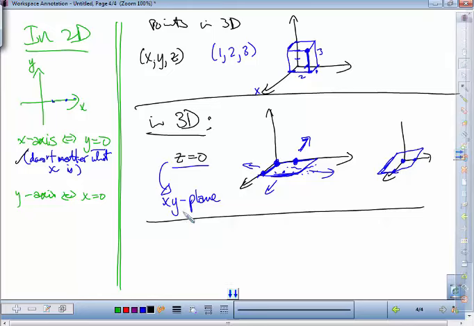So similarly, when z is equal to 0, we have the xy plane. If you imagine when x is equal to 0, what do you think we have? You have the yz plane, right?